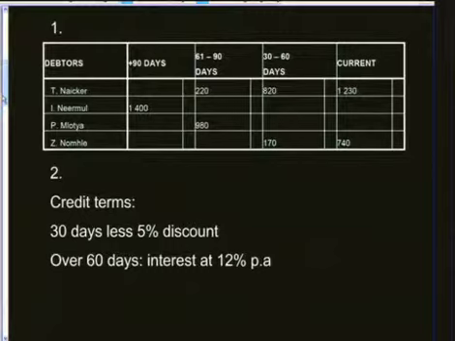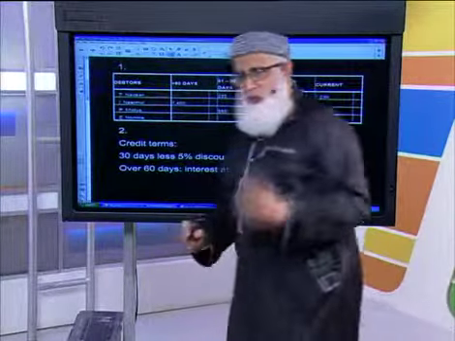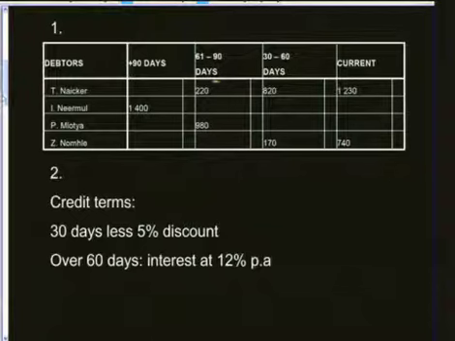In other words, look at the information, and what do you find? You can clearly see that amongst your debtors, you have Nika, Nirmal, Mlotya, and Nomhle, and this is the debtor's age analysis. Just to give you an example, let me explain this to you. If we look at Nika, what do we find? We find that 220 Rand is outstanding for what period?